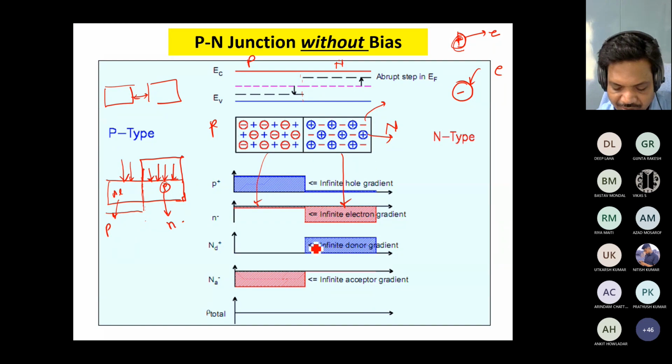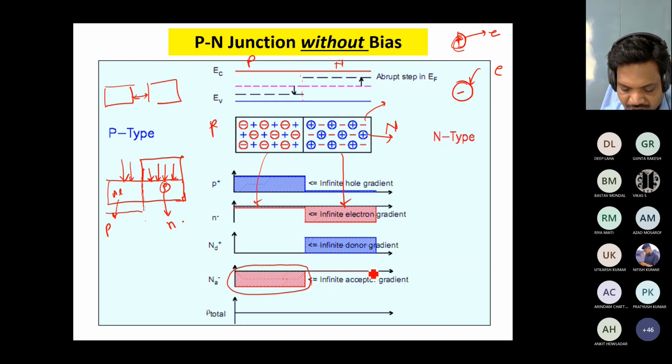The donor atoms are not there in the p-type semiconductor; they are uniformly distributed only throughout the n-type semiconductor. For the p-type semiconductor, the acceptor atoms are distributed uniformly up to the junction, and after the junction there are no acceptor atoms.